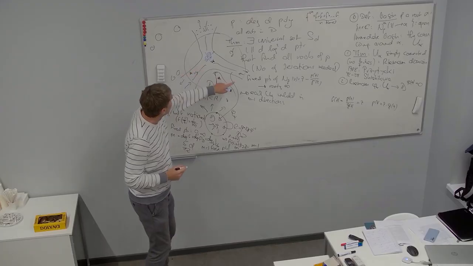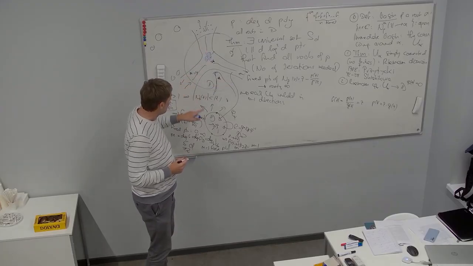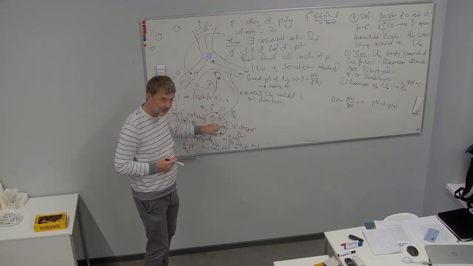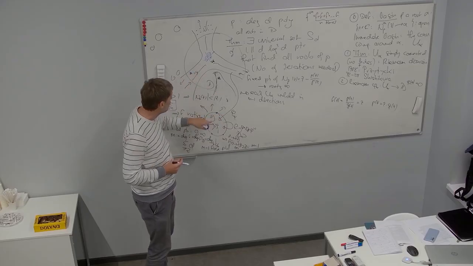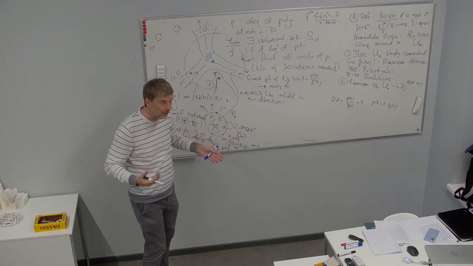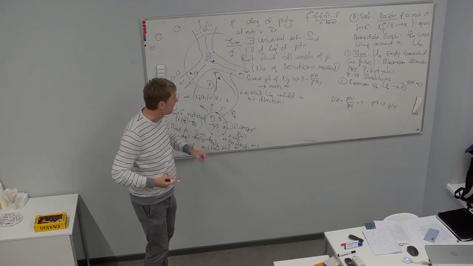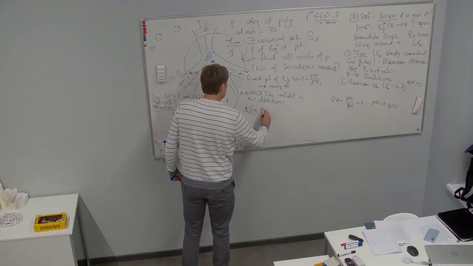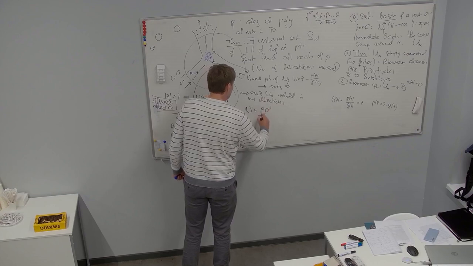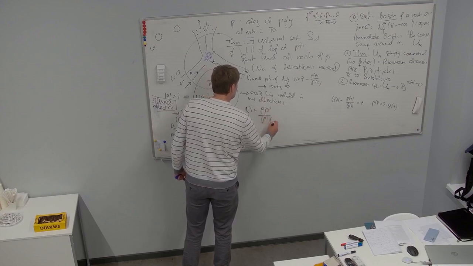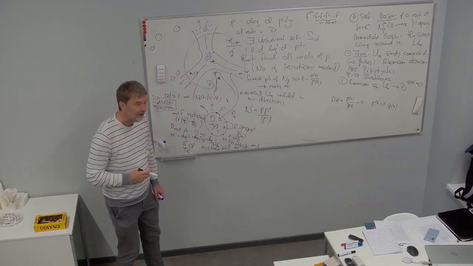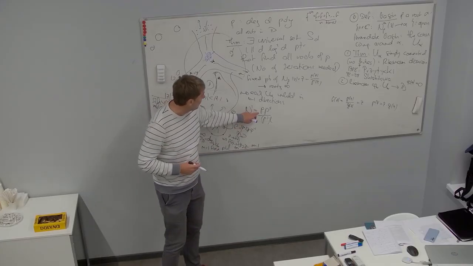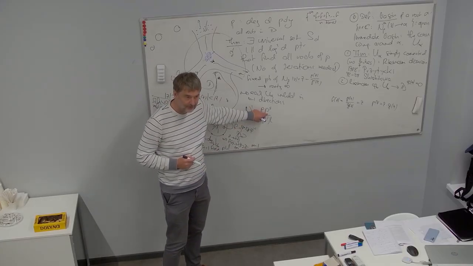And you get extra channels to infinity if you increase the mapping degree of the immediate basin, which means if you increase the number of critical points of the Newton map. And the Newton map derivative is p times p double prime over p prime squared. The critical points are the roots of p or roots of the second derivative.